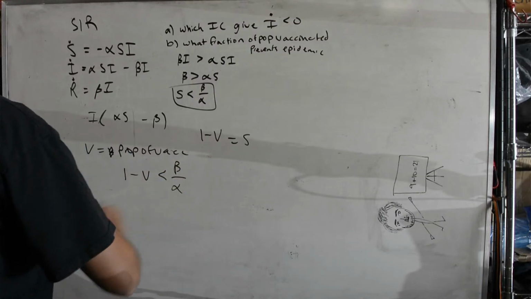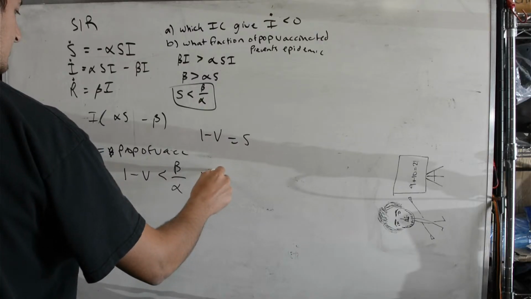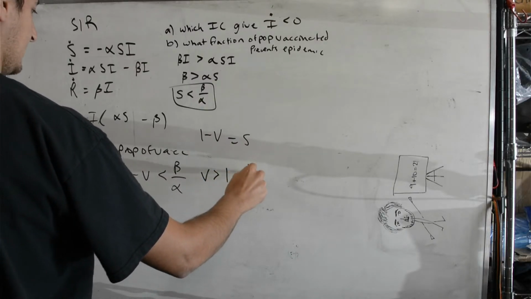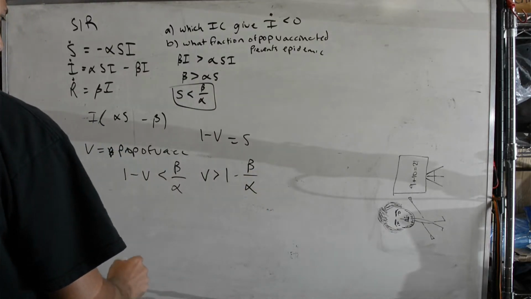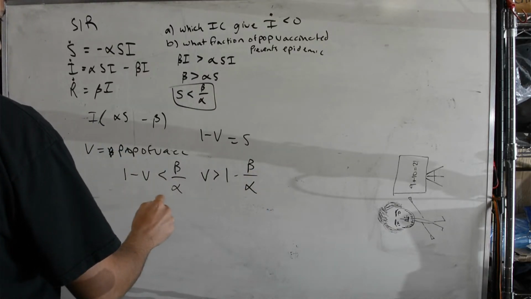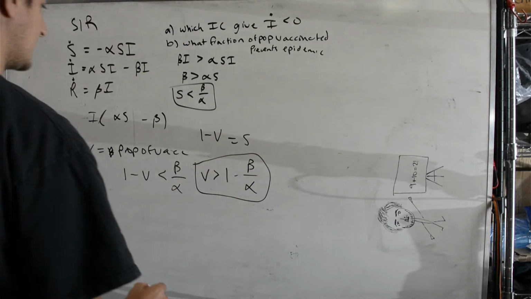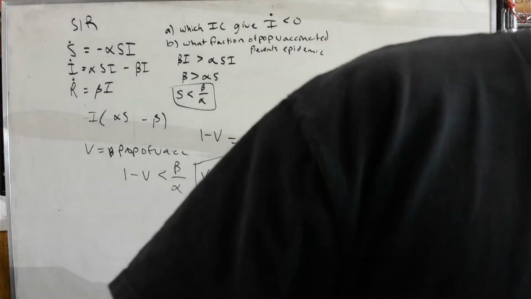Okay, so then we can just do some algebra and we get V is greater than 1 minus beta over alpha. All right, so you need the vaccinated population to be greater than 1 minus beta over alpha. Okay.